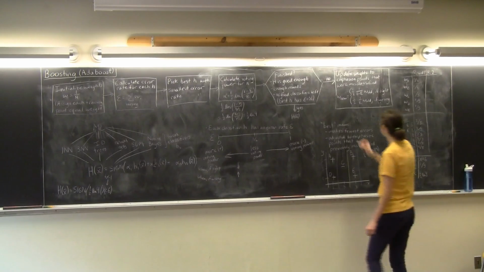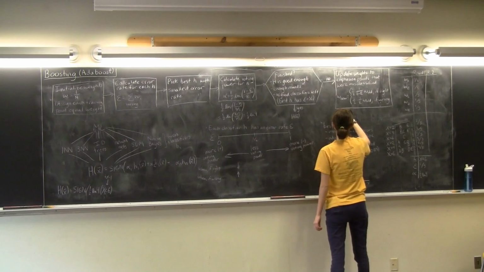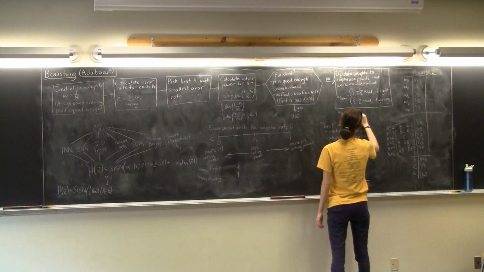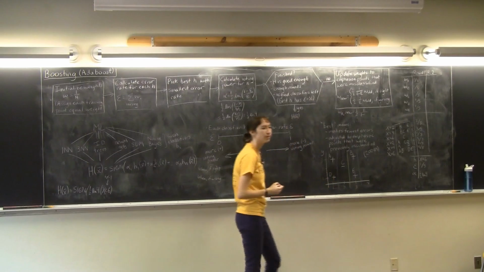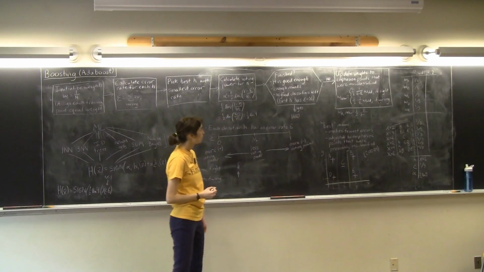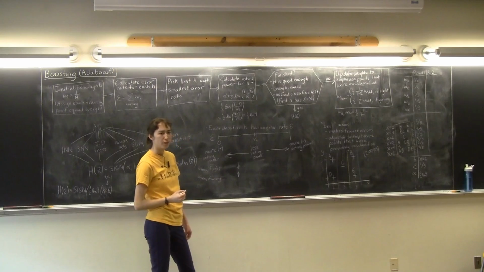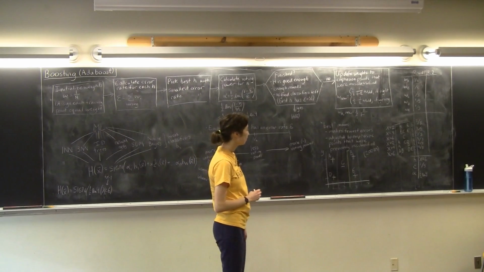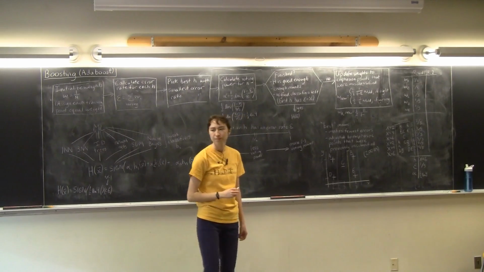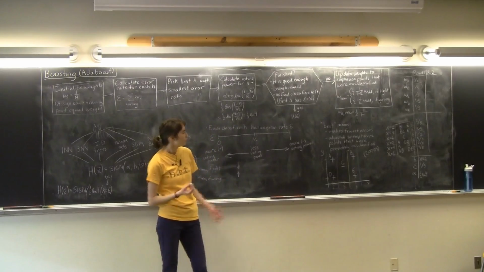So if we recalculate weight A, we'll have 1/2 times 1 over 1 minus, what's our error rate? Which error rate are we using? Yeah, 1/5.